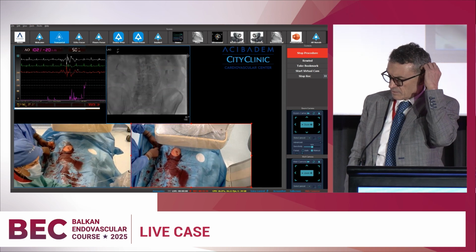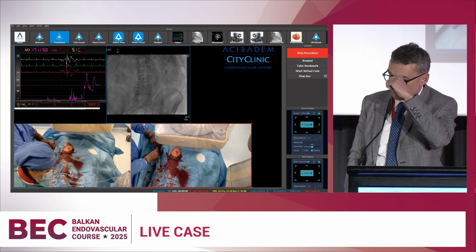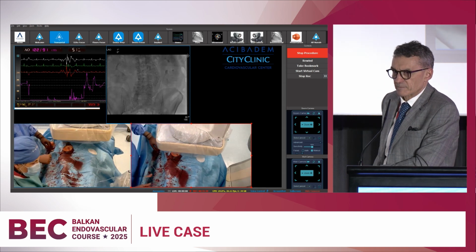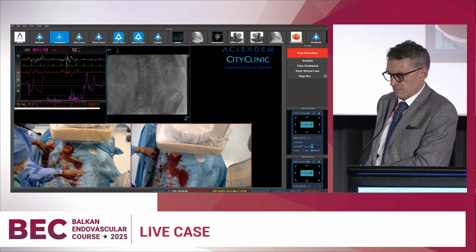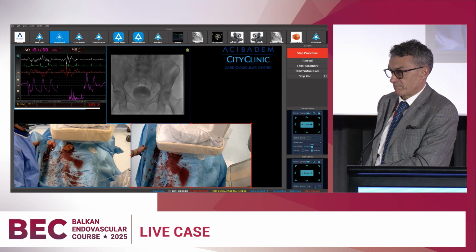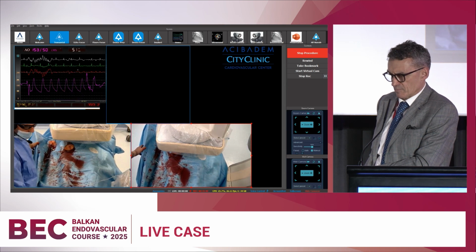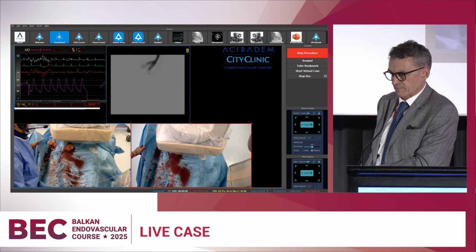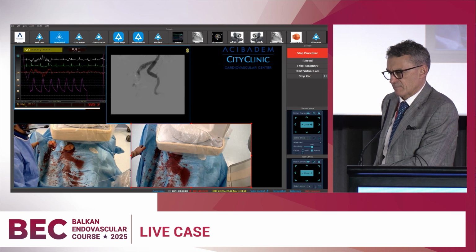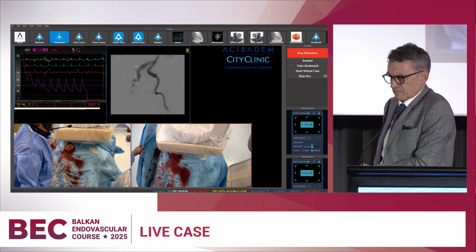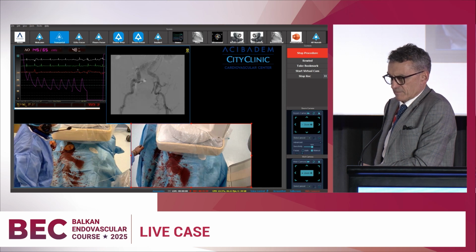Yeah, the contrast density will be much better. Okay. Amazing.